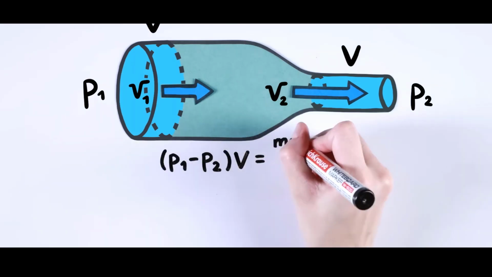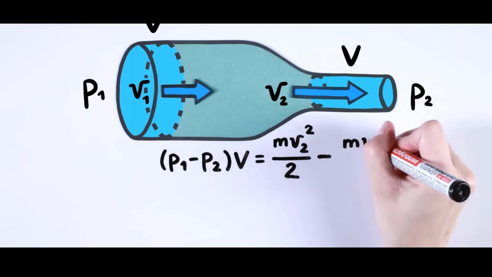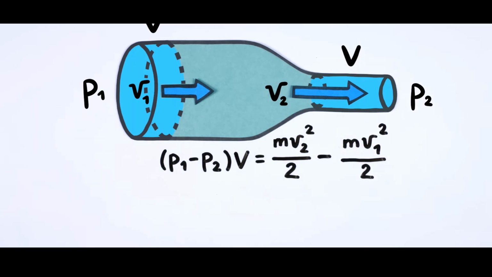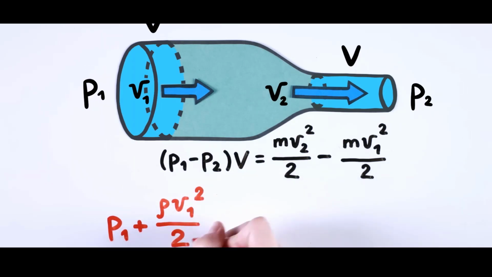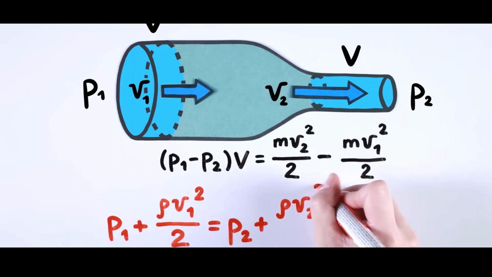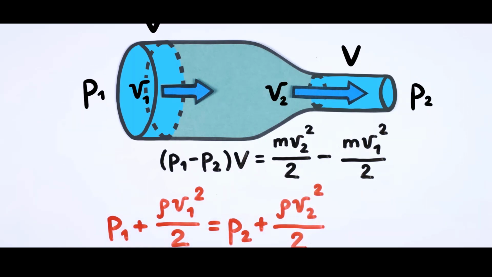Mass is the product of volume multiplied by density. In this case, the volume decreases, so we can rewrite the formula in the following way. The value of rho v squared divided by 2 is called the velocity head of a fluid. According to Bernoulli's principle, the sum of pressure and velocity head in an ideal fluid remains constant throughout the whole pipe.